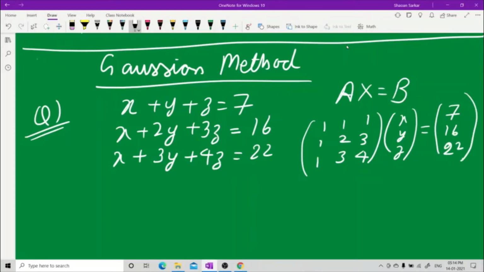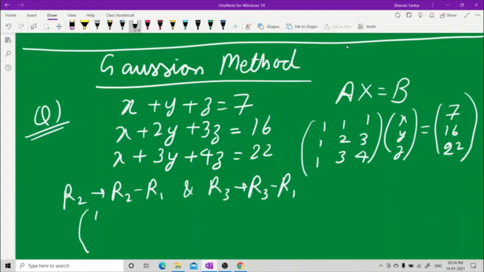Now use the row operation: R2 is R2 minus R1, and R3 is R3 minus R1. So here we will get 1, 1, 1. 1 minus 1 is 0, 2 minus 1 is 1, 3 minus 1 is 2.